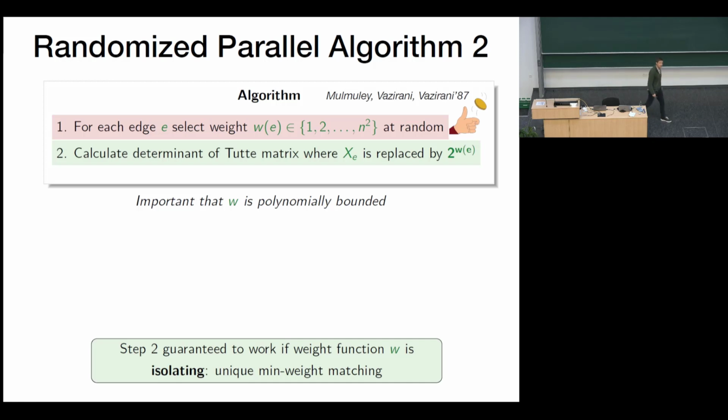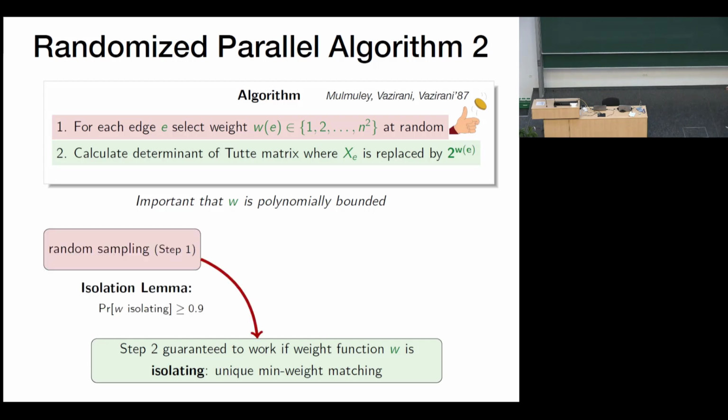And the condition is that the weight function we selected in the first step should be what is called isolating. What is isolating? That the min weight perfect matching is unique. There's only one perfect matching that attains the minimum with respect to this weight function. If that holds, then the second step is guaranteed to work. It's not super hard to prove.